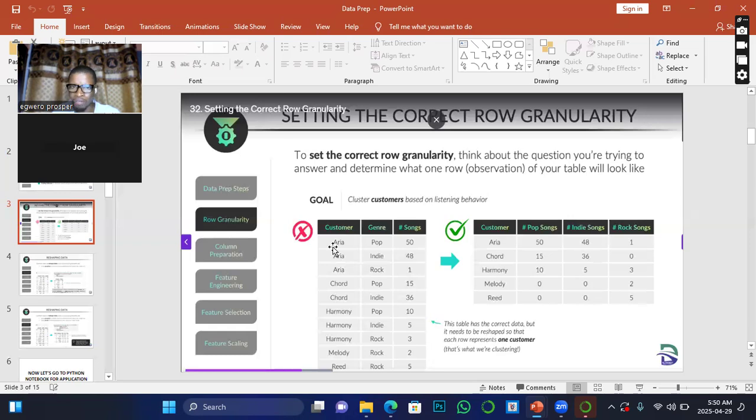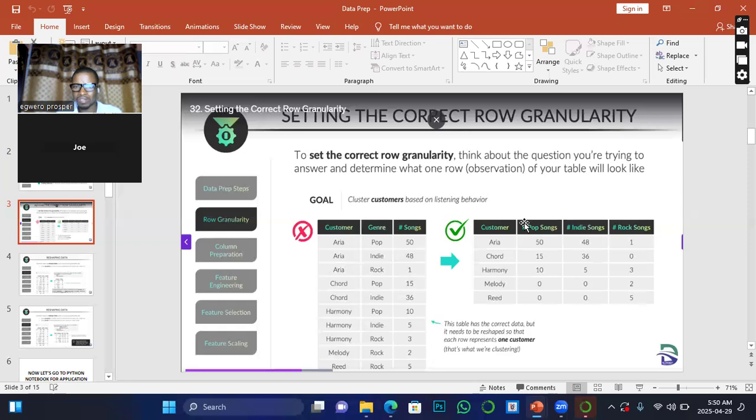That's what we are doing here. Because on this table here, each row is not representing one customer. You can see just one customer represented by 1, 2, 3. This is unnecessarily populating the table. That is what we have been able to do, using our data prep skill as an unsupervised learner, to be able to, what?